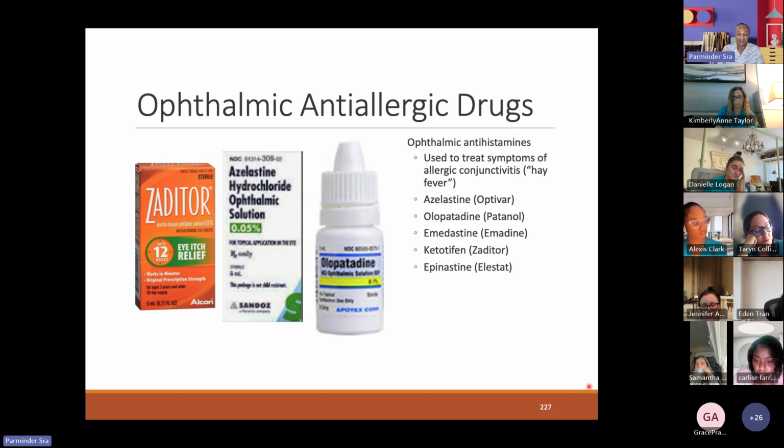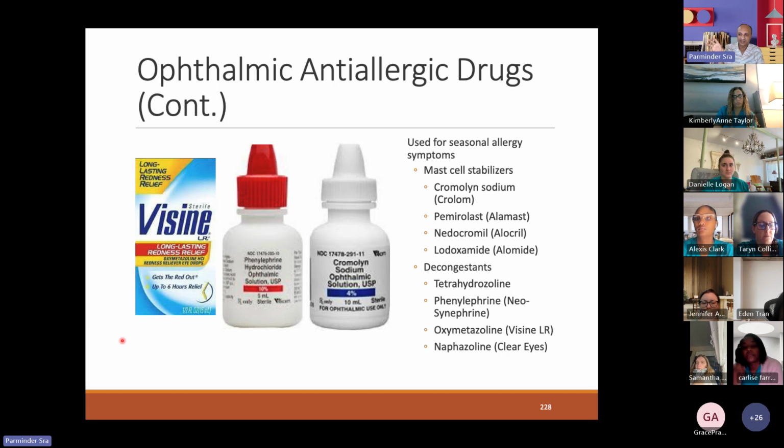And in severe conditions, you may have immunosuppressants such as cyclosporine, brand name Restasis. It's used for extremely dry eyes. It comes in like a pack. There's a box and there's individually packed ampules, and it's like a screw. You just open it and then squeeze it, whatever you use, and the rest you just toss it.